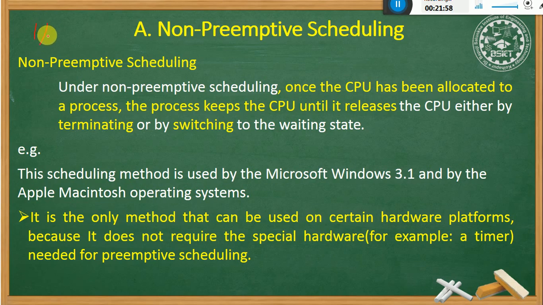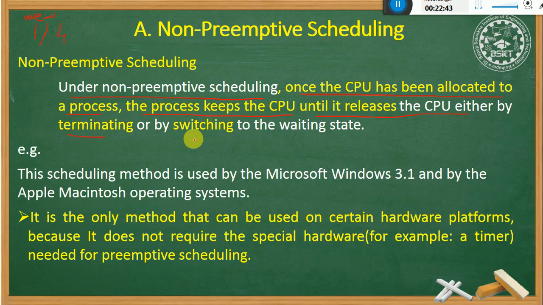Non-preemptive scheduling means criteria, condition numbers 1 and 4. Condition number 1 is running to waiting, and 4 is terminating. Terminating means your process is completely terminated. Now the next process in the ready queue will be allocated to the CPU. So under non-preemptive scheduling, once the CPU has been allocated to a process, the process keeps the CPU until it is executed completely, and then it releases the CPU or is terminated.